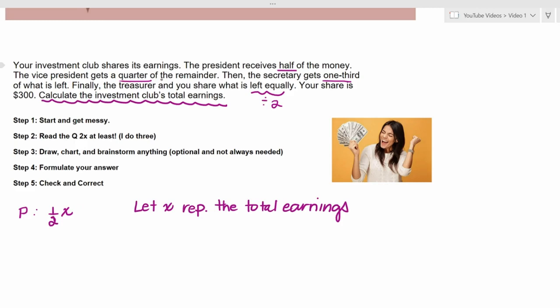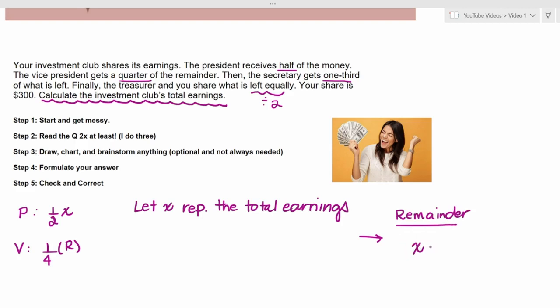Okay, let's go on and read what the vice president gets. The vice president gets a quarter of the remainder. So I said, okay, vice president, 1/4, and I just put R, 1/4 of the remainder. Let's go off to the side here. How do we find the remainder? So the remainder, I'll write it out. The remainder is going to be whatever was the total amount.